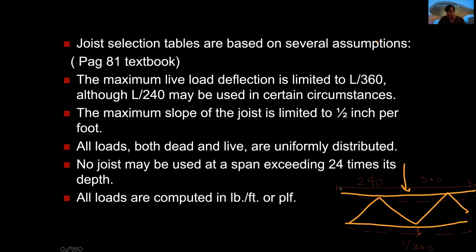If we have a span of 240, the deflection will be 1 inch. All the loads, dead and live, need to be uniform, and no joist can be used for a span exceeding 24 times the depth. I mean, the span cannot be bigger than 24 times the depth of this particular material.